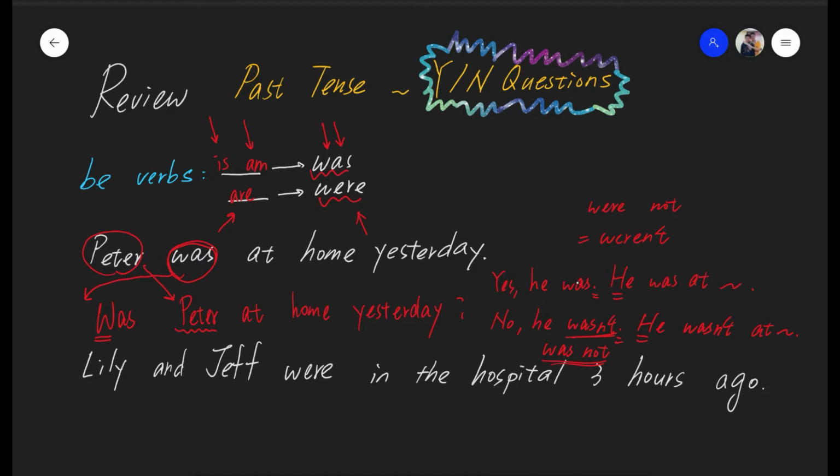Okay, now let's take a look at sentence number 2. Lily and Jeff were in the hospital 3 hours ago. Again, let's find the be verb. The be verb's here. Move this to the front. So were, big letter W. Move the person, in this case, they are people, here. So Lily and Jeff.